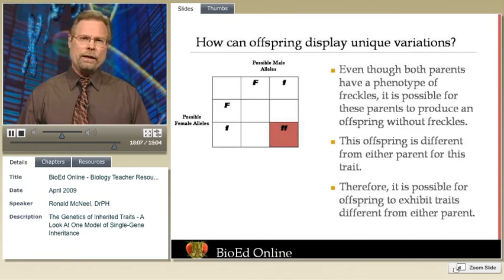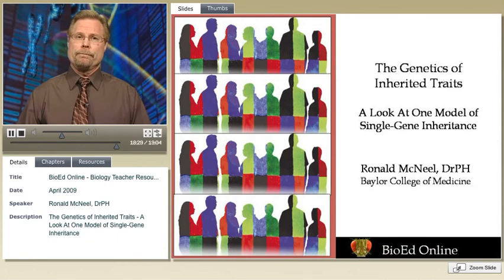Even though both parents have the phenotype of freckles, it is possible for these parents to produce an offspring without freckles. This offspring would be unique from either parent for this trait. Therefore, it is possible for offspring to exhibit traits that are not present in either parent.